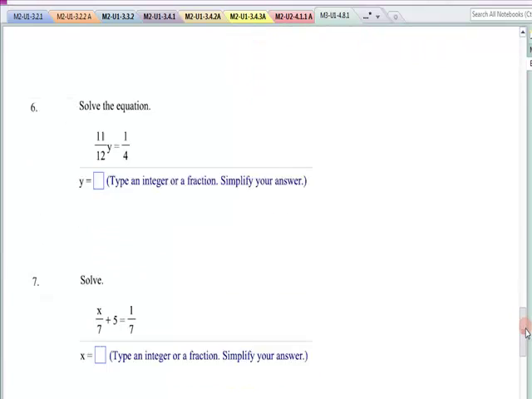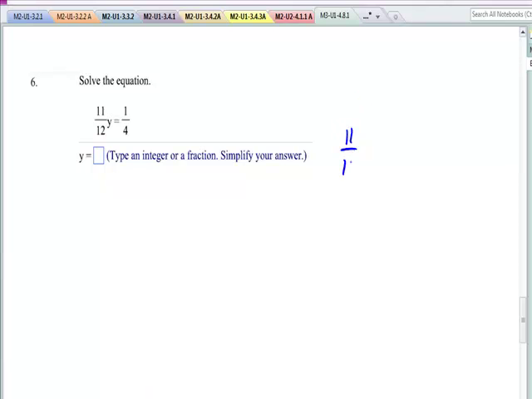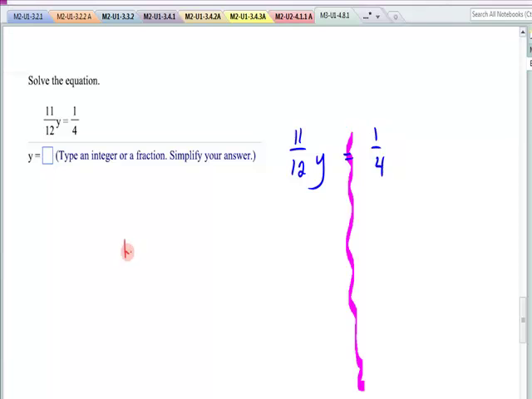All right, got a few more. I have 11/12 y is equal to 1/4. All right, if I look at those denominators, because I see those fractions, the least common denominator for 12 and 4 is 12.